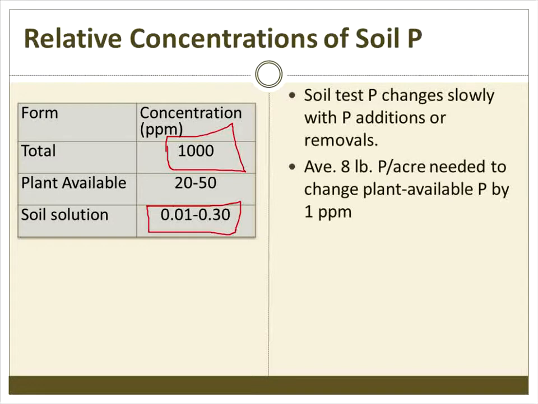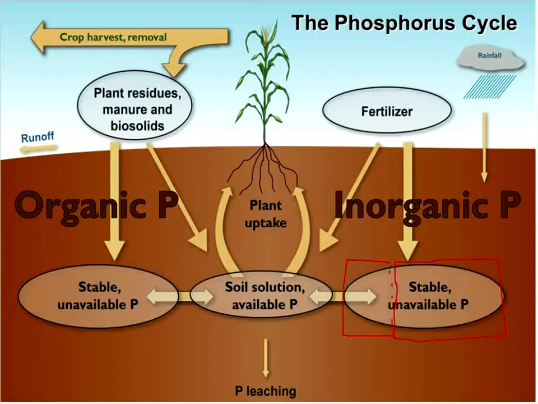So we need to think about how does soil test phosphorus change as you add phosphorus to the system. And the reality is, it changes pretty slow. And it has to do with the size of these bubbles, okay? So we go up here and we add fertilizer, and a lot of fertilizer comes down into this stable pool.